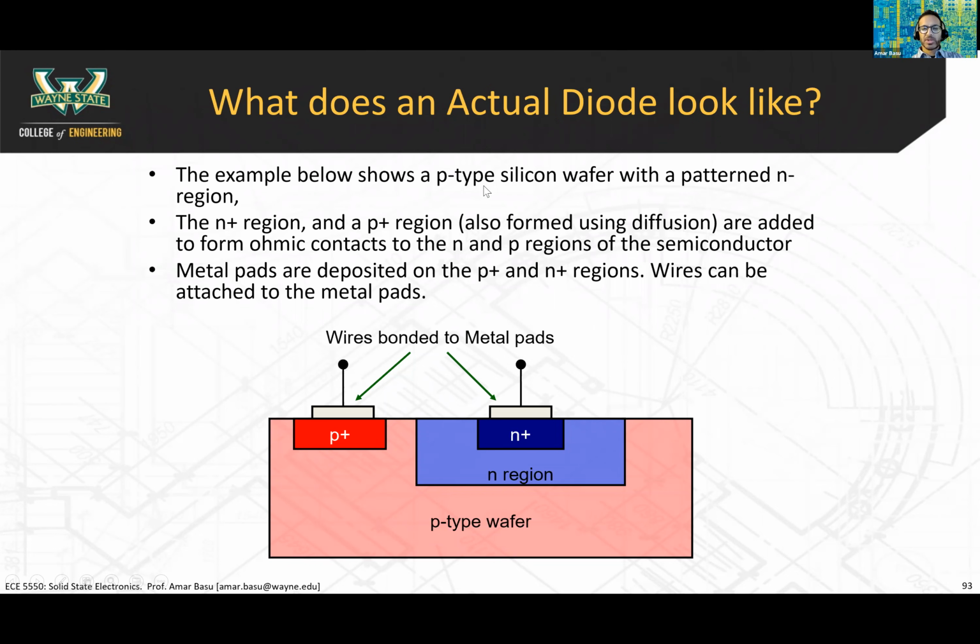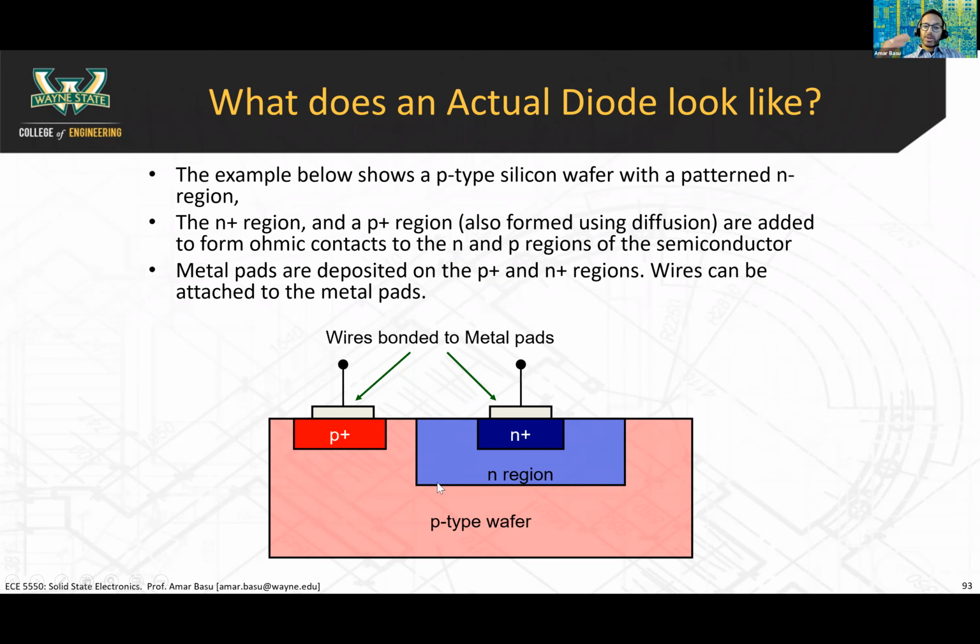So the example below shows a p-type silicon wafer. You start off with a p-type silicon wafer, just this p region here. And these n+ regions and the p+ regions and the n region can all be formed by subsequent steps of diffusion. You do one diffusion step where you form this n region, but you only form it in this portion here. You dope this region n-type and you switch the wafer. The wafer was originally p-type, but just in this area, by doping it with donors, you can switch it from p-type to n-type.